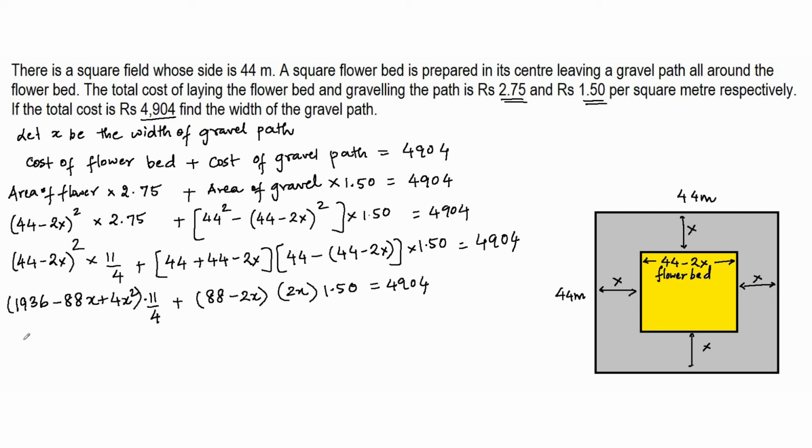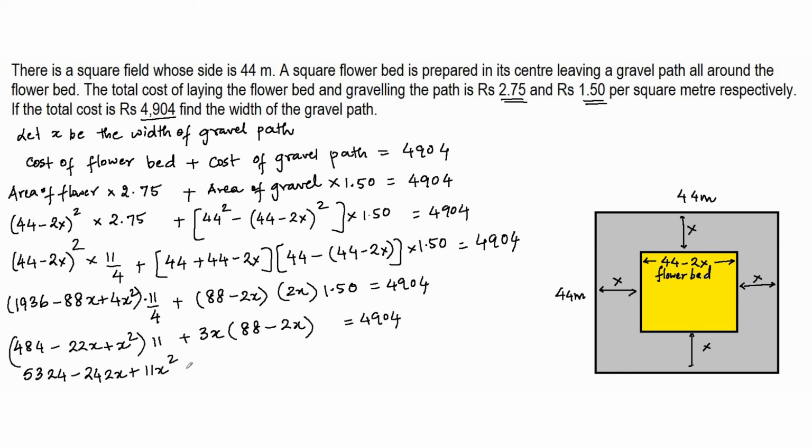Now of course everything is divisible by 4, so it becomes 484 minus 22x plus x square, the whole multiplied by 11, plus 2x into 1.5 is 3x times 88 minus 2x is equal to 4,904. So opening up the brackets, the equation that I get is 484 multiplied by 11, that's 5324, minus 22 11s are 242x plus 11x square, plus 264x minus 6x square is equal to 4,904.